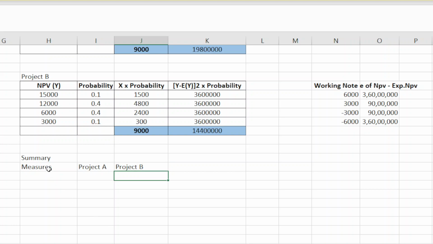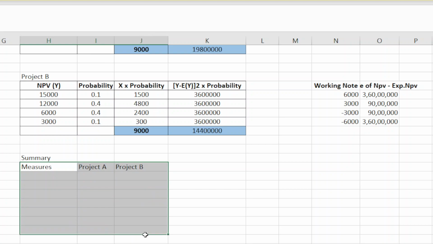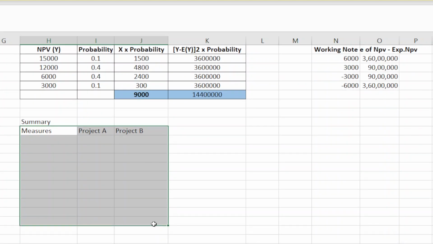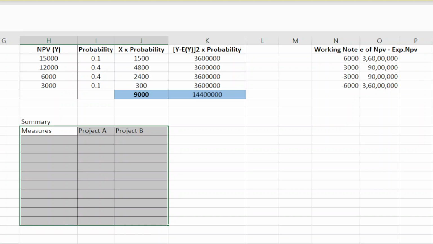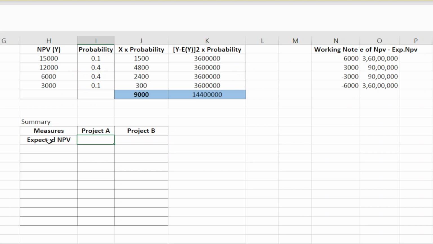Let me do this as a small table so that there will be a better clarity for all of you to understand. Yeah. Fine. Measure. First one, expected NPV. We have already calculated expected NPV. See here, in both the projects, it is 9,000, 9,000.